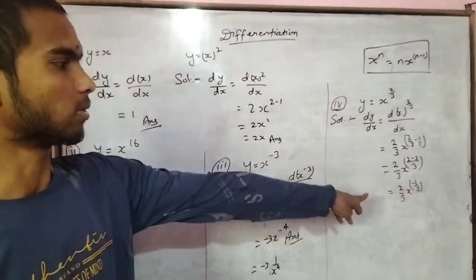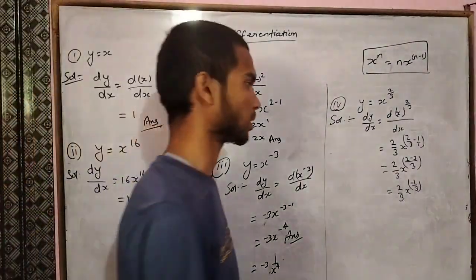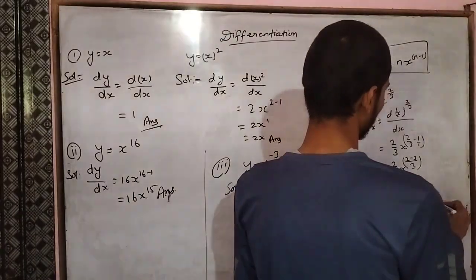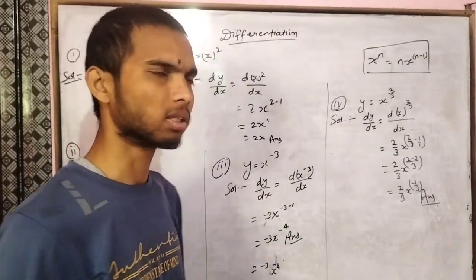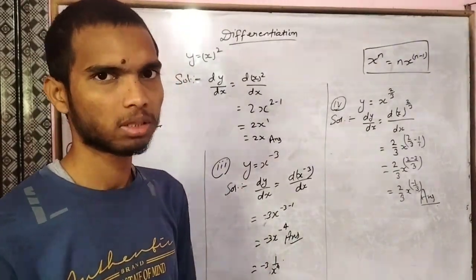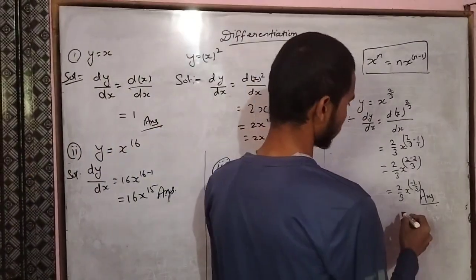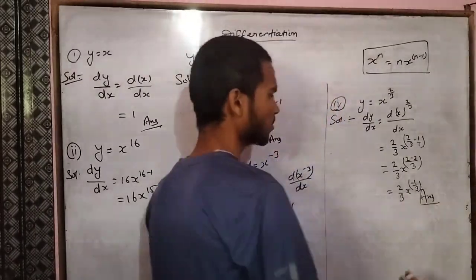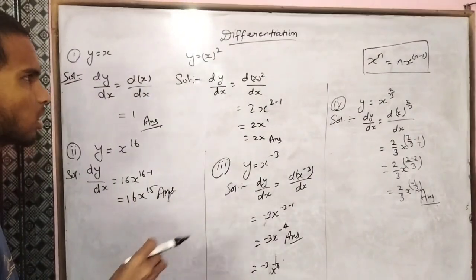We have the answer, which is 2 upon 3 x raised to the power minus 1 by 3. It can be further solved, but till here, this is enough for the answer.